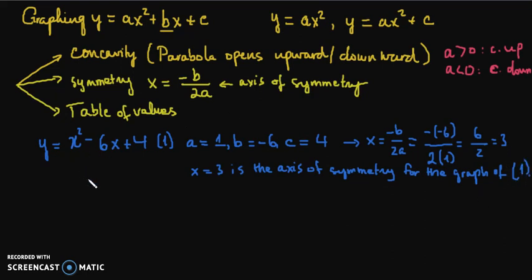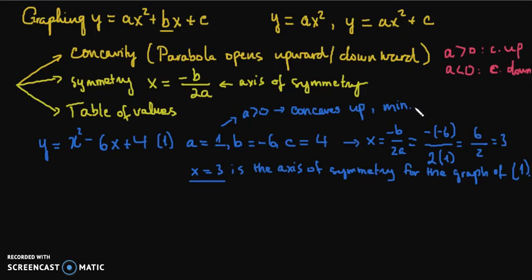Now, because we need to have a coordinate, we also know that a is 1, which is positive. The parabola is concave up, and the vertex is the minimum point.